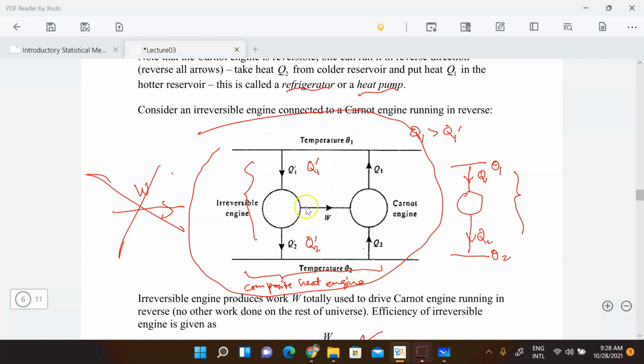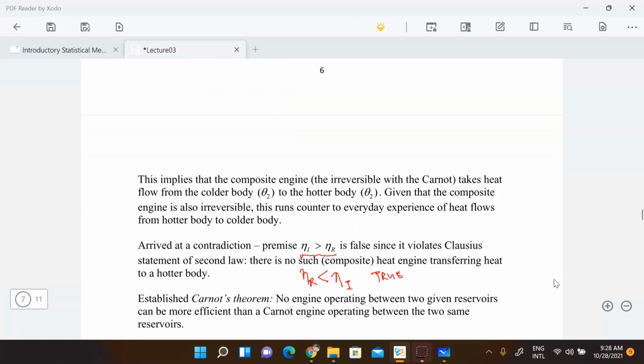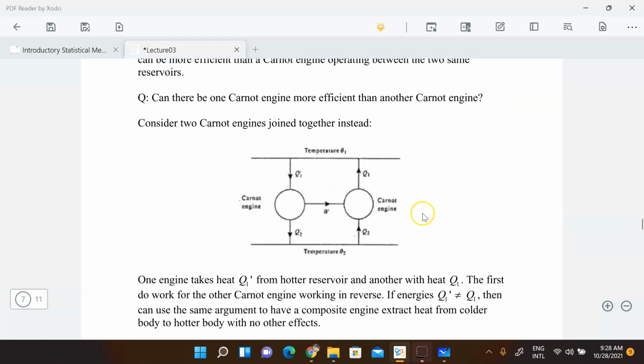Here is an irreversible engine, and then you couple it with the Carnot engine, which is doing the reverse operation. We can do the same if the efficiency of one Carnot engine is different from the other. It's the same picture, just with another Carnot engine instead of the irreversible engine, one which has greater efficiency than that.